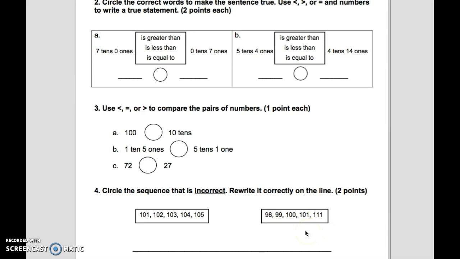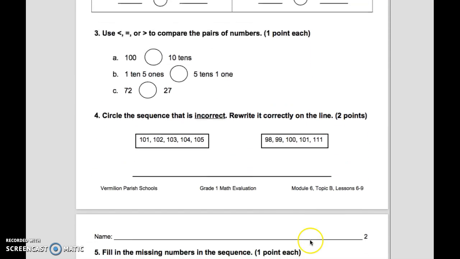Whichever one is incorrect, you're going to circle it. After you have circled one of those, then you need to make it correct. So you're going to rewrite whatever box had the incorrect sequence and write what number should have been correct.